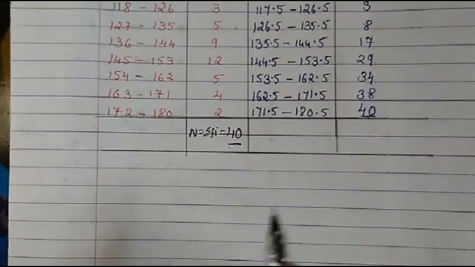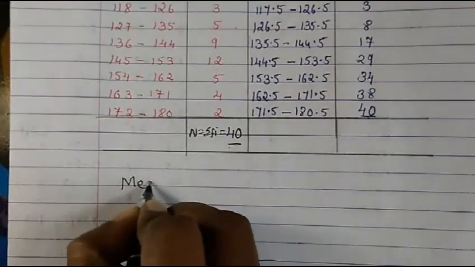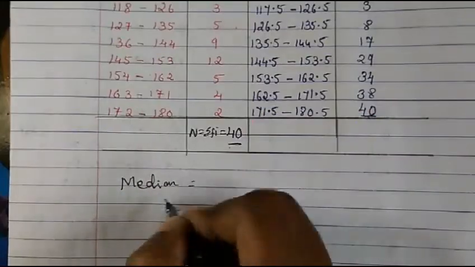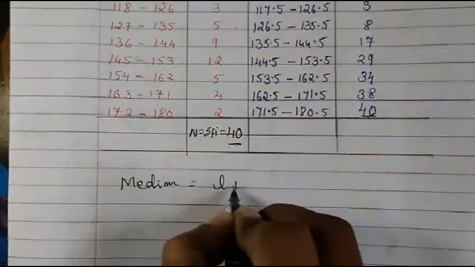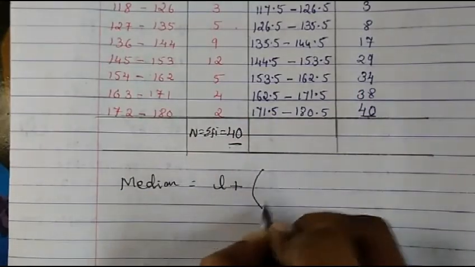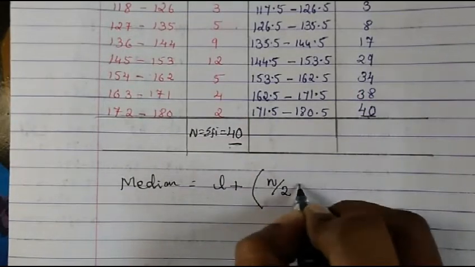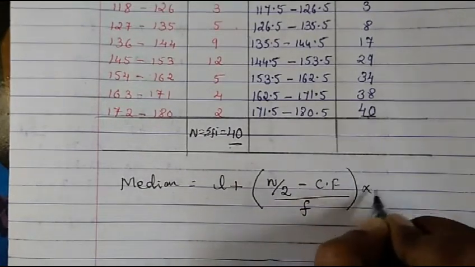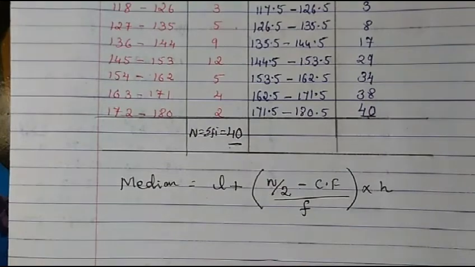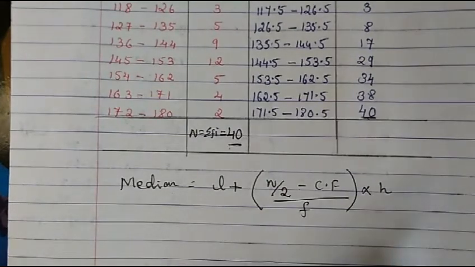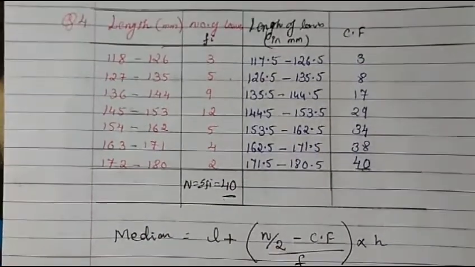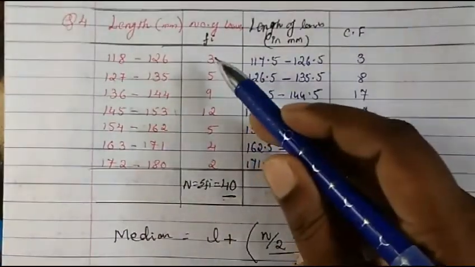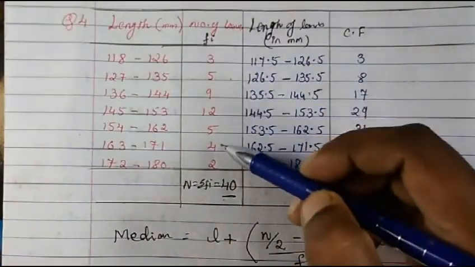Now let's find out the median. The median formula is lower limit plus n upon 2 minus CF divided by f multiplied by h. Let's write down the values. First of all we have to see the highest frequency. Which is the highest?